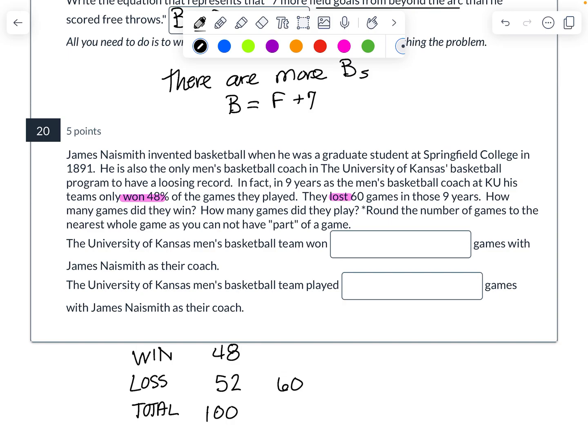Okay? So if we want to find wins, we write the equation 48 divided by 52 is equal to wins divided by 60, which comes out to be 48 times 60 divided by 52 is the number of wins. So 48 times 60 divided by 52.